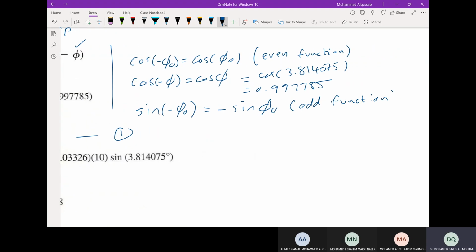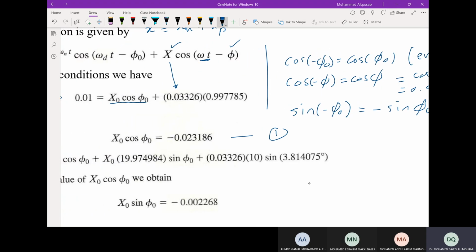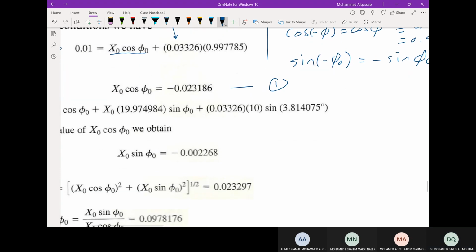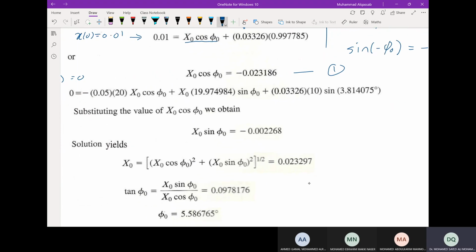So you can try to solve it yourself. You will see there is sine minus phi 0, which can be replaced by minus sine phi 0, plus 0.03326 omega after we take the derivative, the system, sine 3.814 degrees.